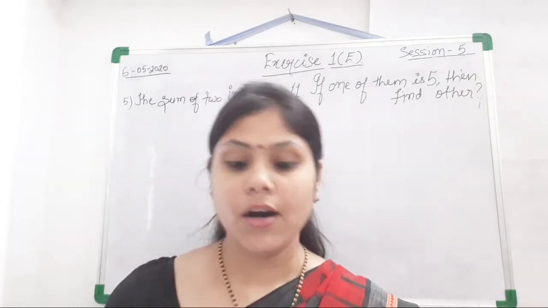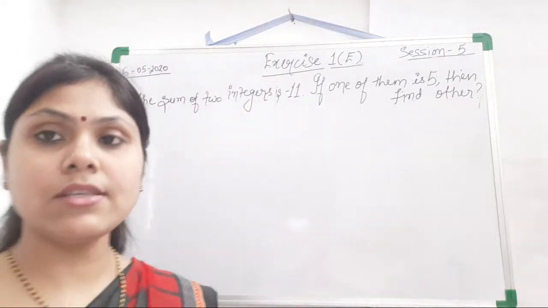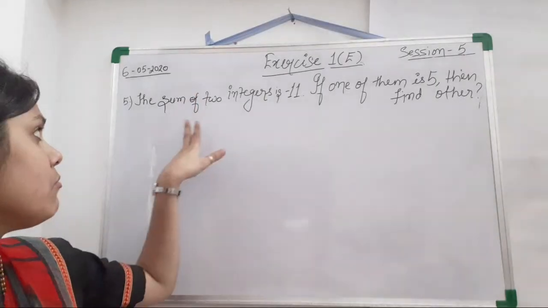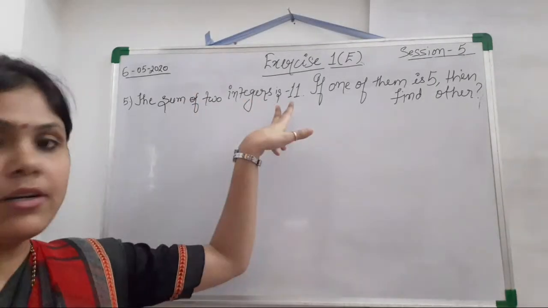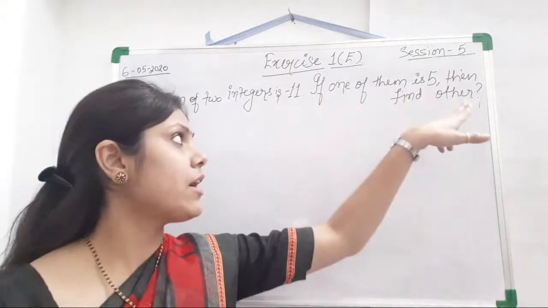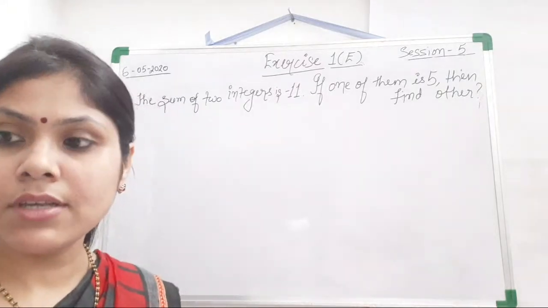Fine. The 5th question is: the sum of two integers is -11. I have written here, the sum of two integers is -11. If one of them is 5, then find the other. So how will you do this?